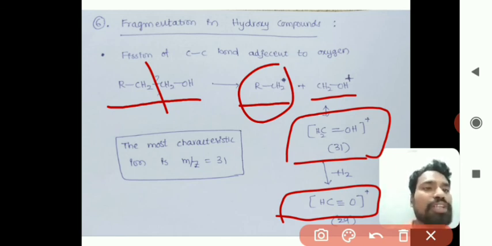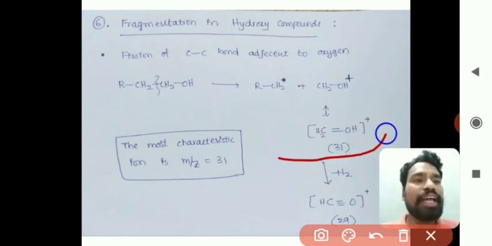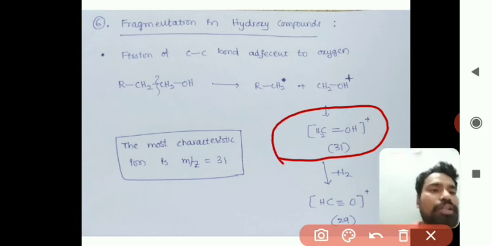So this is the process in the case of hydroxy compounds. This is the characteristic carbocation formed in the fragmentation of alcohols, that is CH2=OH+. The m/z value is 31, okay.